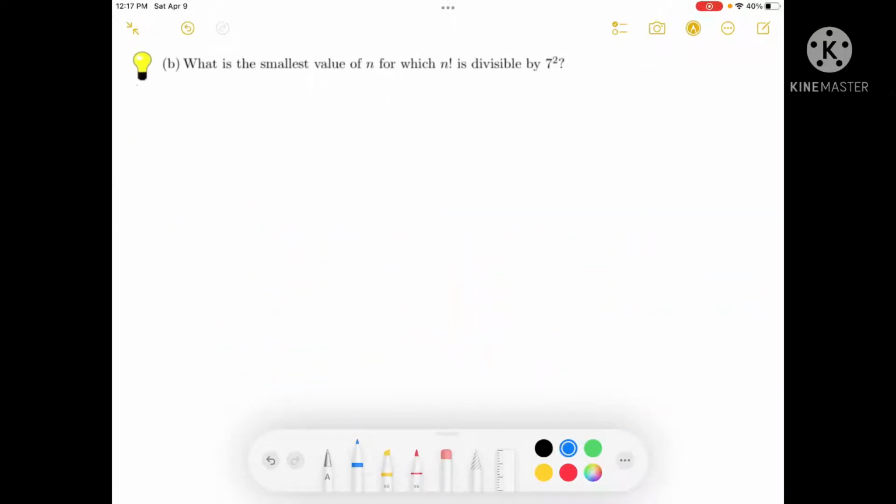Next, we need to find the smallest value of n for which n factorial is divisible by 7 squared. To be divisible by 7 squared, n factorial must have at least 2 factors of 7.